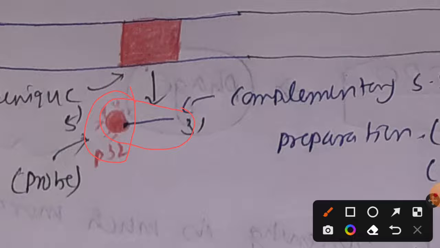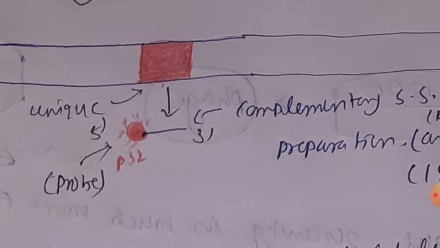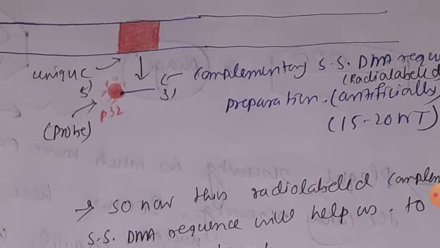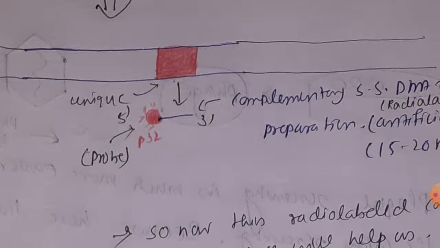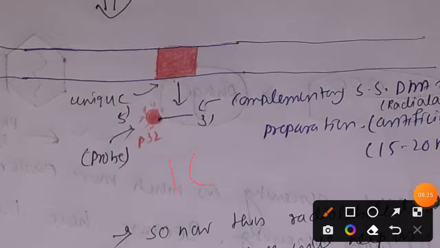Okay, we have already discussed this in the very first video lectures that we have uploaded regarding recombinant DNA technology. So up to that point, we have developed a complementary single stranded DNA which is 15 to 20 nucleotides long, and it contains a radioactively labeled P32 at its 5' end. Okay, and it is complementary to the unique part of our gene of interest.